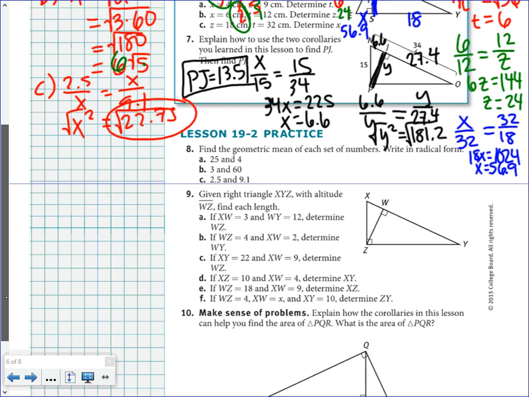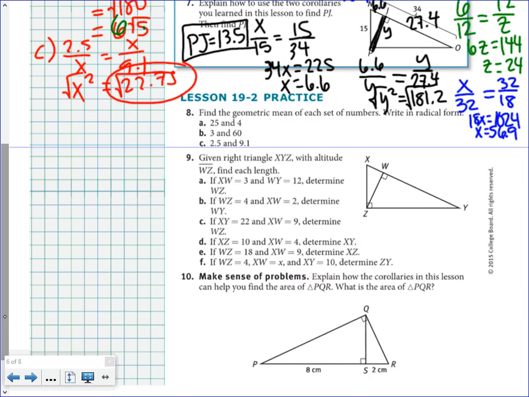So now let's look at 9. So all of these are talking about the same figure. So let's look at A. If XW is 3 and WY is 12, we're looking for WZ. So I'm going to label this A because it's part A. So now, when we go to set up our geometric mean, A is our altitude.